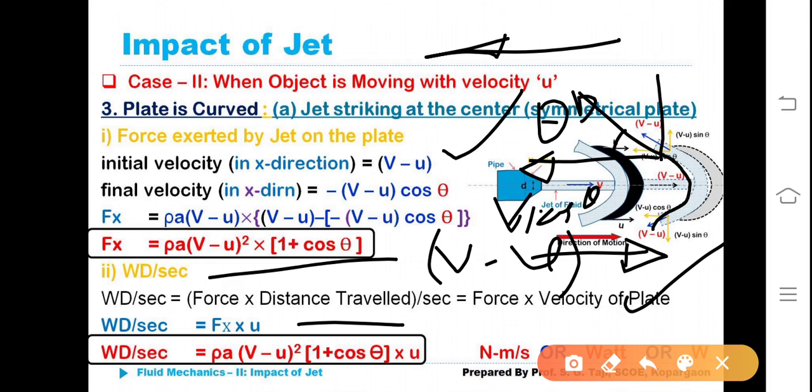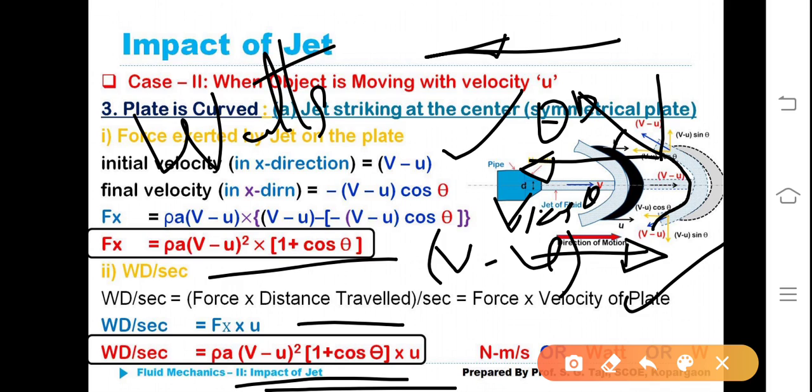That will be rho a multiplied by (v minus u) squared multiplied by (1 plus cos theta) multiplied by u, in newton meters per second, or watts, that is denoted by W. It is not weight. In this context it is watts. Then it may be converted into kilowatts just by multiplying it by 10 to the power of minus 3.